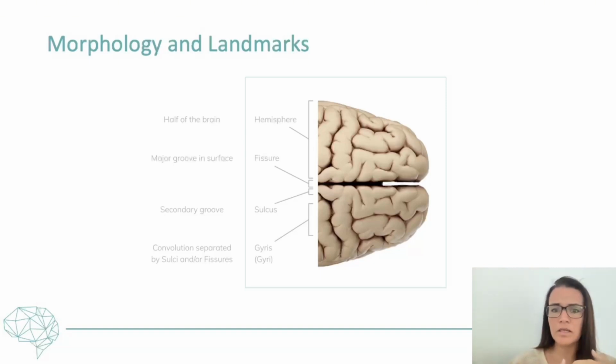You might also hear them as sulci. So then what's around the grooves, we've got these hills. So we've got the grooves, which is the sulcus, and then the hill, which is then known as the gyrus. And this is very important because a lot of our gyri and our sulci are also responsible for how we can divide up the brain when we're looking at various landmarks.